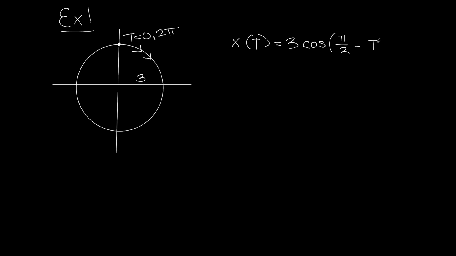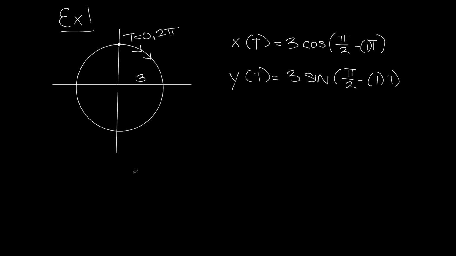Now there's no b value because it takes us 2 pi seconds to get around the circle. And then our y of t will be 3 sine pi over 2 minus t. And if you really want to understand that there is a b value there, it is 1. But for our purposes, you don't need to include that.